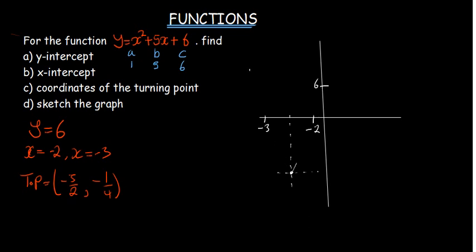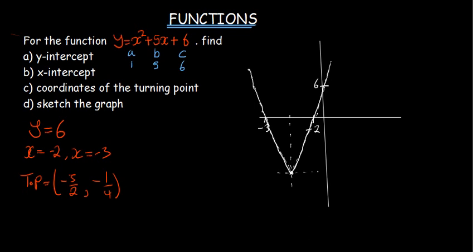So we can use dotted lines first. We pass through our 6, our 3. We go like that. Alright, so then we can now join the points that we have. You can now join them like that, and like that.